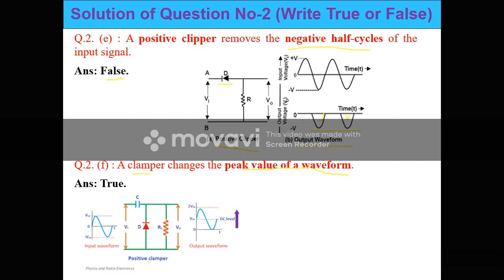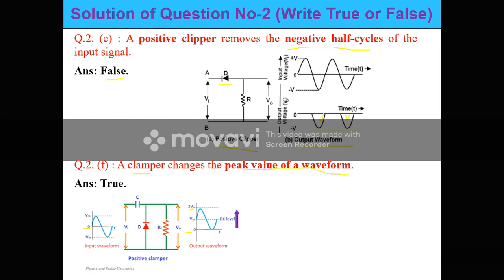If you see the positive clamper circuit, this is the input and this is the output. The DC level will start from 0, with negative and positive. Here the output starts from 0, with Vm and 2Vm as the DC level.